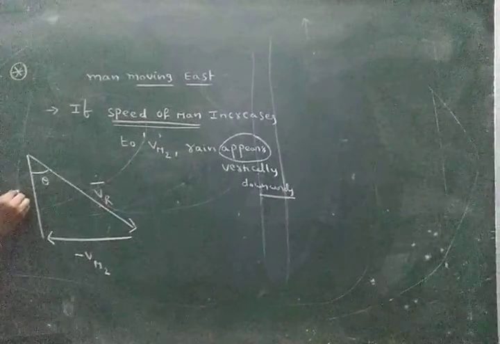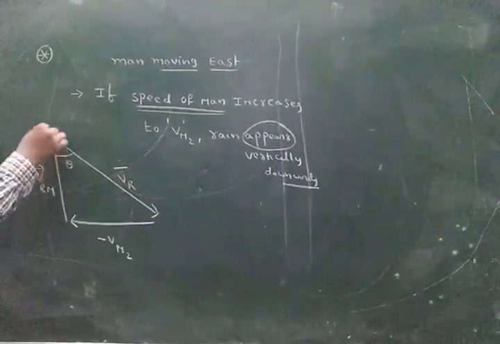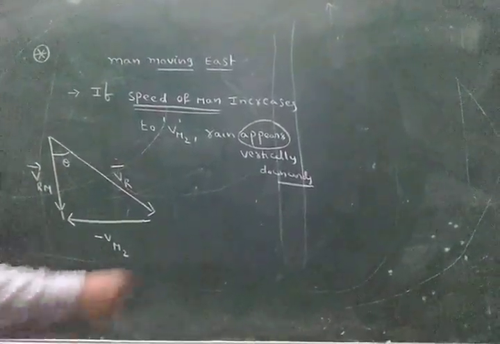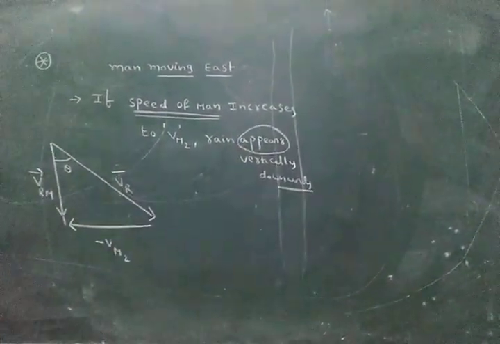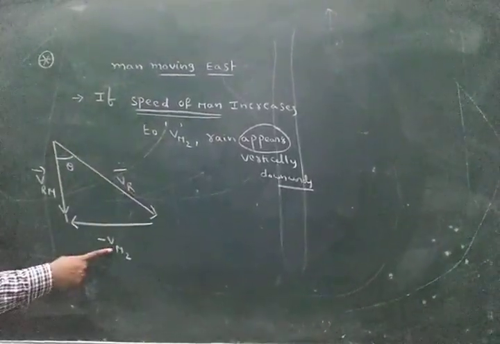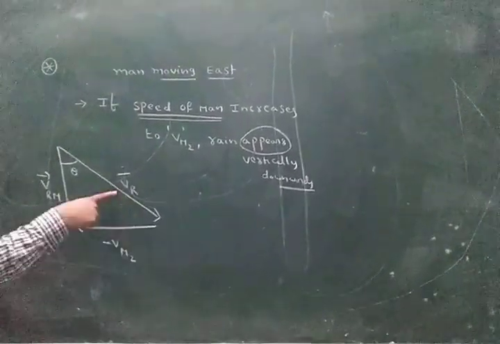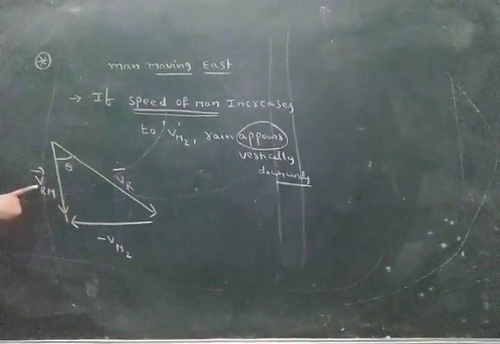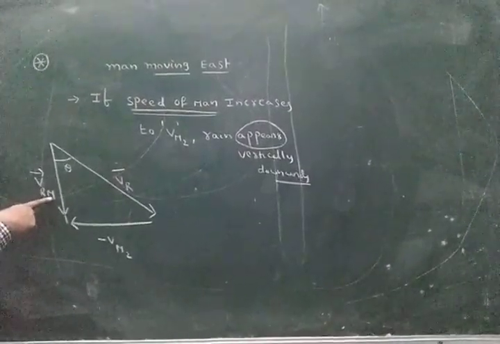Simply, the velocity of rain with respect to man is falling vertically downwards. Once again I repeat, rain appears means with respect to man. This is the actual velocity of the rain. Because the man is in motion, the rain appears to fall vertically downward. Apparent rain is called the velocity of rain with respect to man.